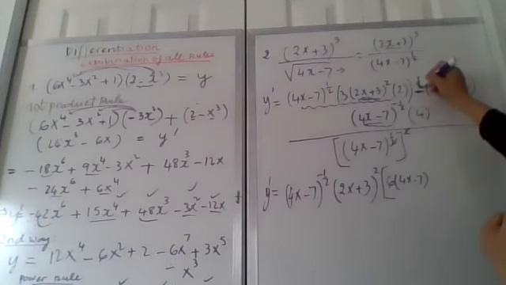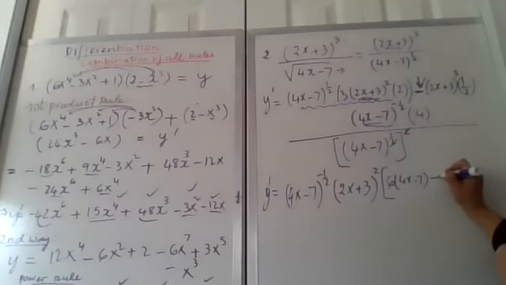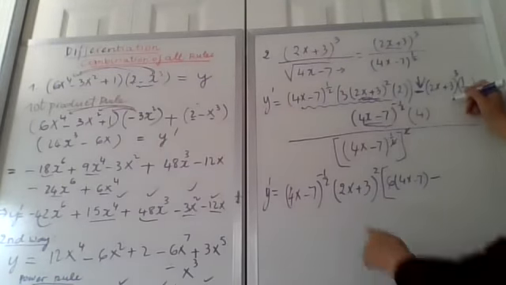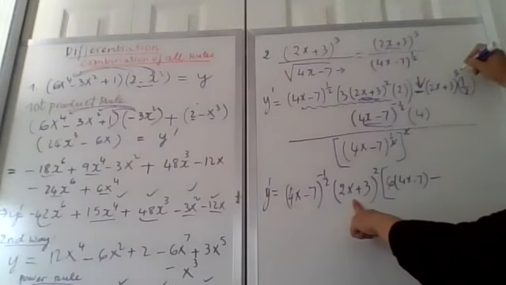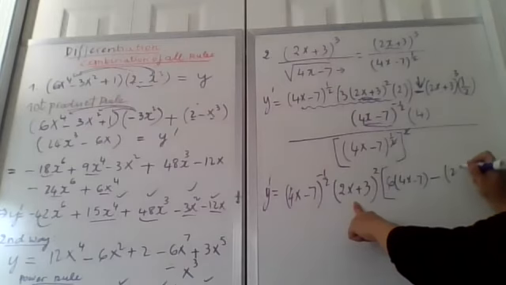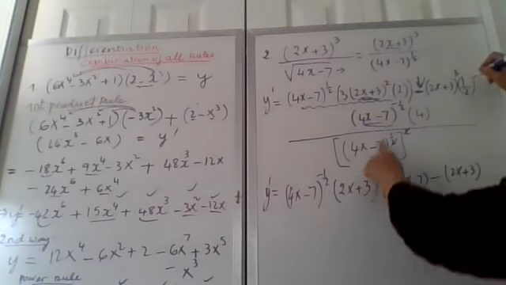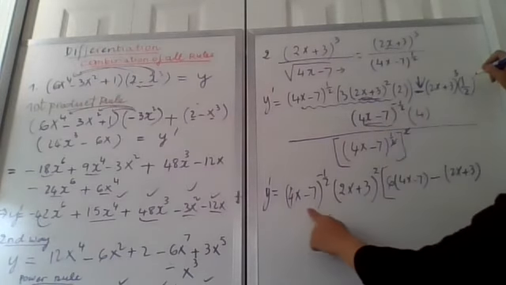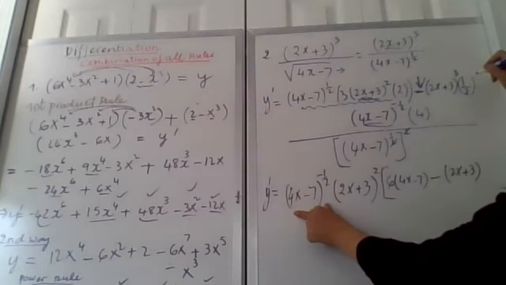You see the middle one, right? This is the arrow. So I'm going to put down this one again, minus. Now let's check this. We have 2x plus 3 power 3, but here we have power 2. So we times with 2x plus 3 one more. And we have minus 1/2, which is the same as this one, so we don't have to do anything with this.